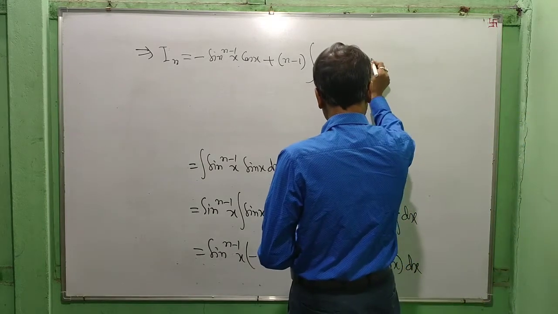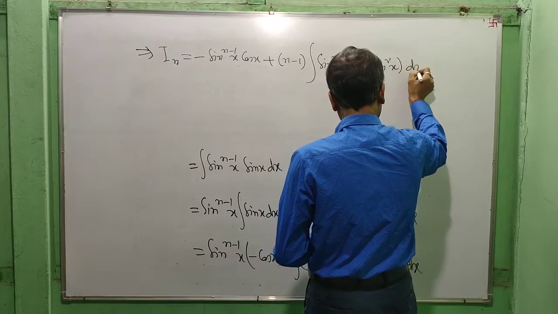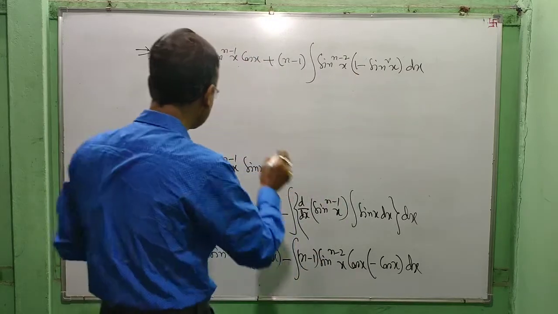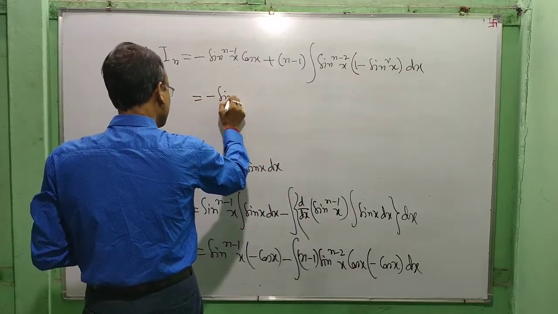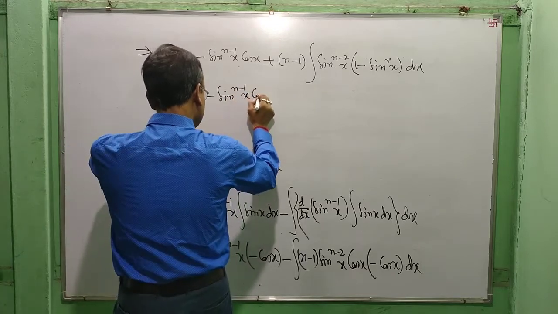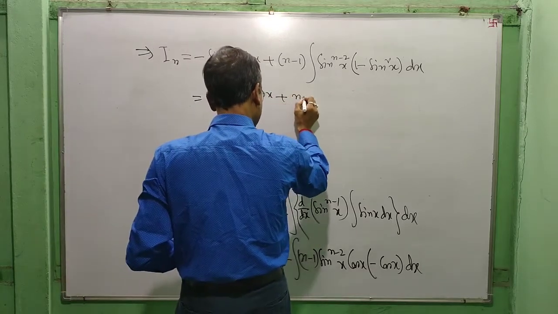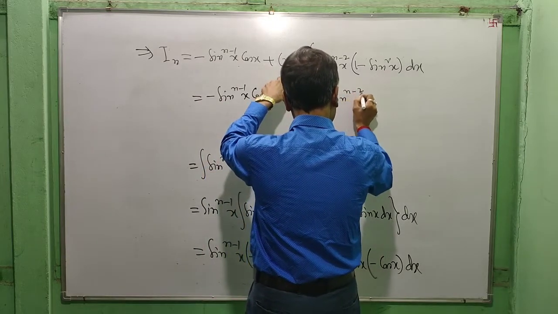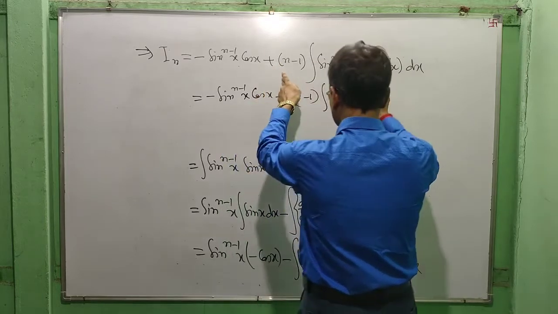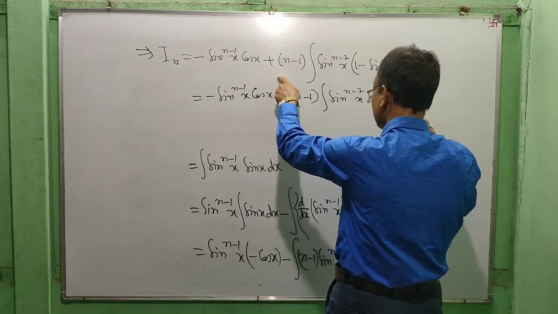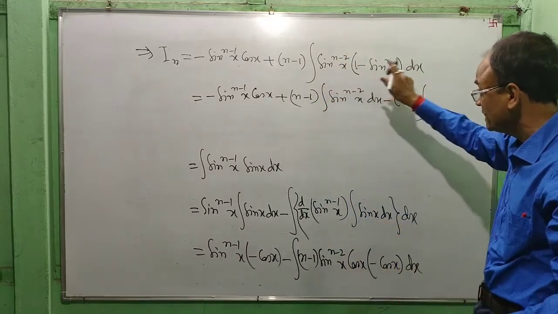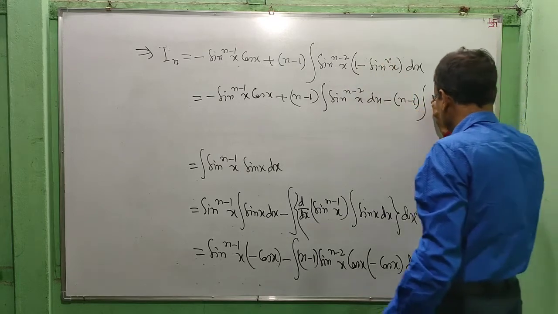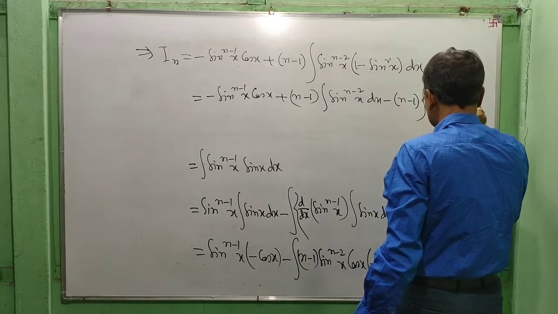This cos^2 x can be written as 1 minus sin^2 x. So this is plus (n-1) integration sin^(n-2) x dx minus (n-1) integration sin^(n-2) x into sin^2 x, which is sin^n x.